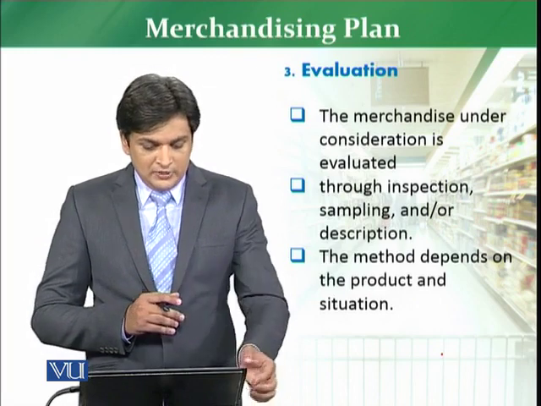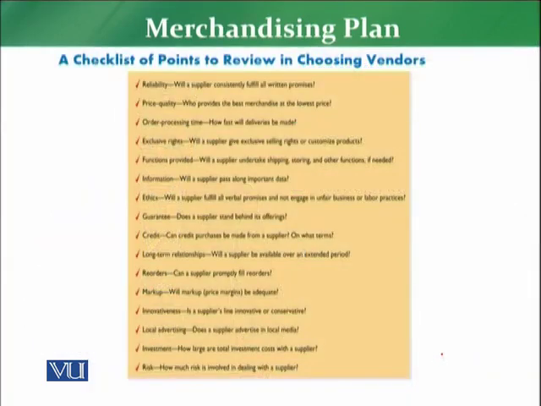retail store. So let me share with you the checklist of points to review while choosing the vendors, because there's a checklist for how you can evaluate. The first point in the checklist is the reliability of the vendor. Is the vendor who is giving you the product reliable enough? Will the supplier be able to consistently fulfill the promises made to the retailer or not? So either he is a reliable supplier or a non-reliable supplier.